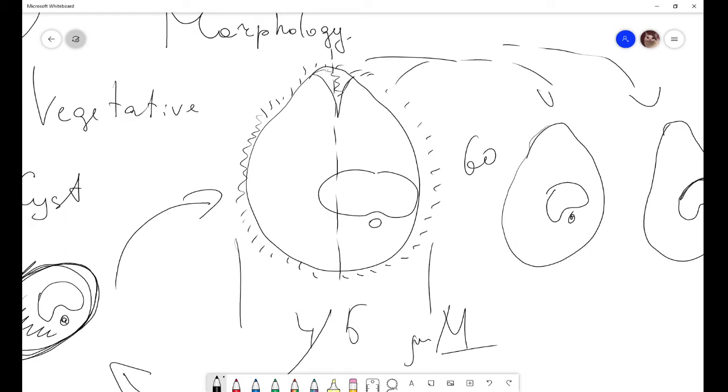Cilia around the mouth are long, adapted to draw food particles into the mouth. On the top side of the parasite, you can find a circular mouth.